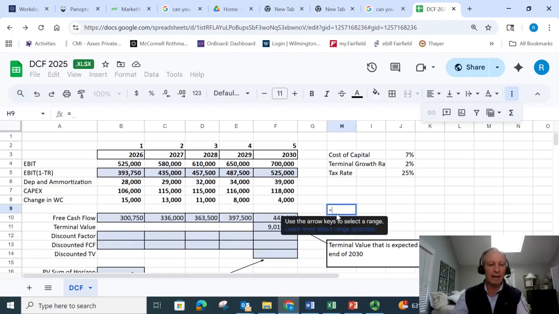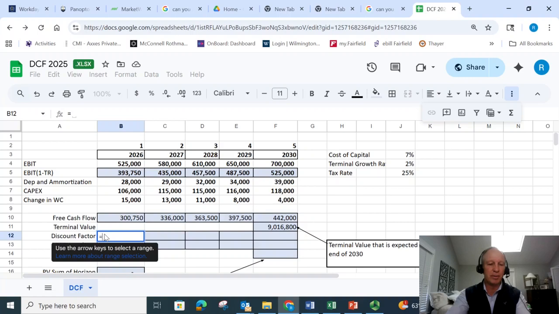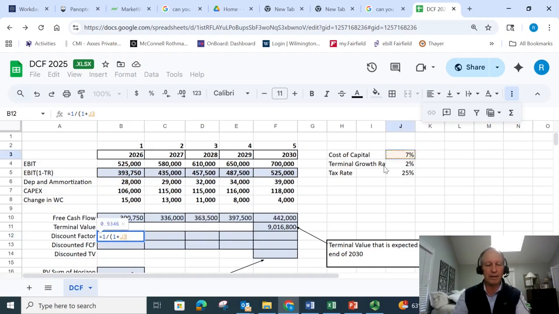So for that, I'm going to click on that blue box, and really these are just the present values of dollars in the future. So $1, 1 divided by 1 plus the weighted average cost of capital. That's my discount rate. Then I'm going to close paren, and raise that to the first power. You'll see in a second why I'm raising it and linking it there.